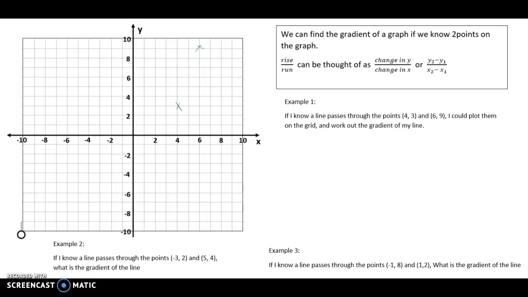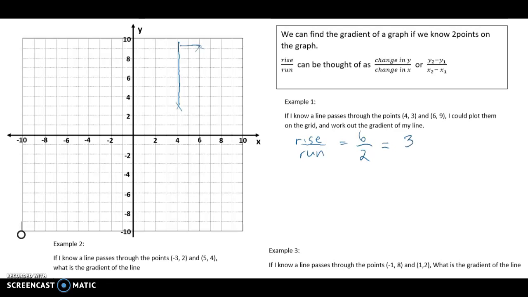Well, all I need to do is find my rise over my run. My rise starts there and it goes 1, 2, 3, 4, 5, 6. And my run goes across 1, 2. So I can see that my gradient is 6 over 2, which simplifies very nicely to 3 for me.